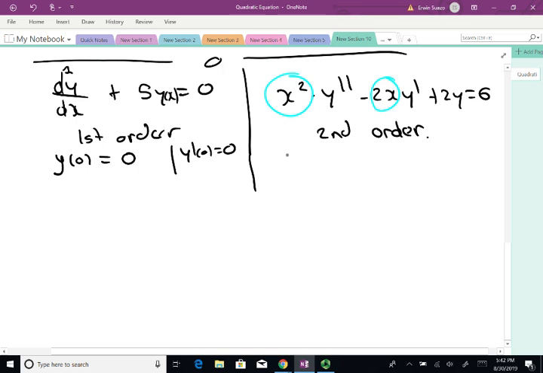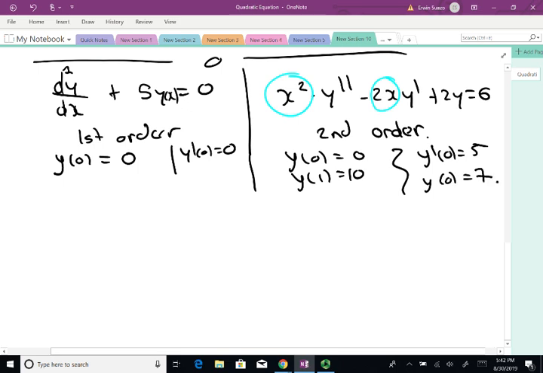You could say y of 0 equals 0, y of 1 equals 10, let's say. Or you could say y prime of 0 equals 5, y of 0 equals 7. Okay, so those are possibilities for your initial conditions.